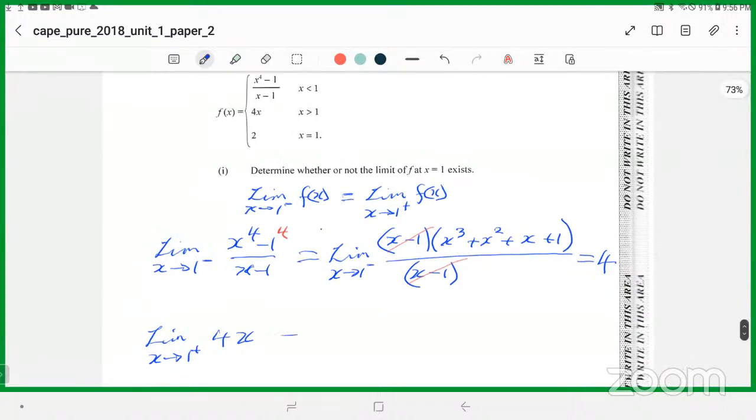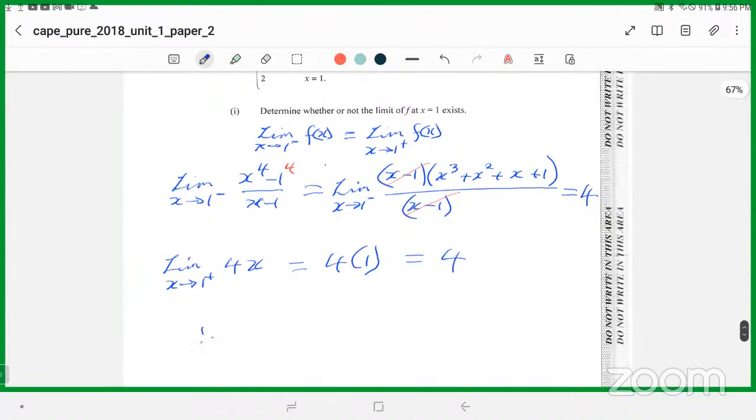But this one is straightforward. It is equal to 4 times 1, which is equal to 4. So since the two of them equal the same value, the limit exists and it is equal to 4. You can say, therefore, the limit as x approaches 1, where for the 1 we don't put a sign on it, meaning both sides, of f of x is equal to 4. And you can say, yes, it exists.